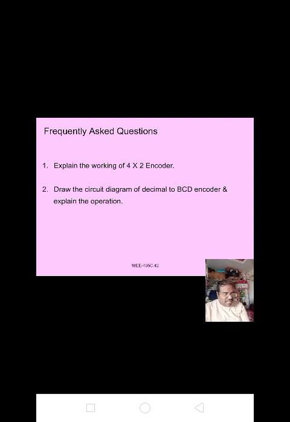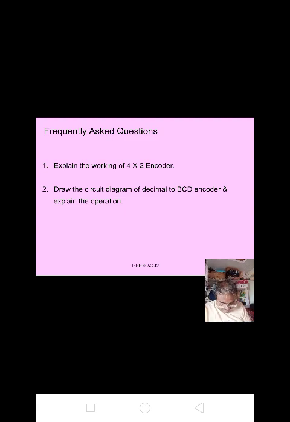Now let us implement the logic circuit required for encoding each decimal digit to BCD code using the above logic expressions. The circuit can be drawn with the help of the decimal digits, that is D0 to D9. We can make straight lines and we can take 4 OR gates, and the 4 OR gate outputs are Y3, Y2, Y1, Y0.